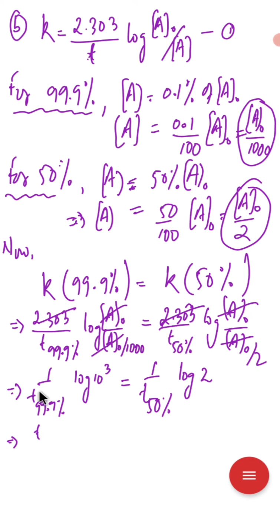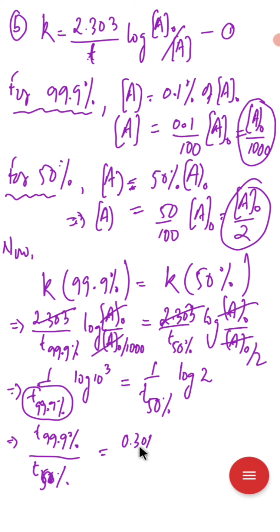Let me bring this t 99.9% here, so that it goes up. t 99.9% divided by t 50%, and here log 2 is 0.301, and this must be divided by log 10 to the power 3, and log 10 to the power 3 is 3 into log 10, and we know that log 10 is 1. So 0.3, this is approximately 0.3 divided by 3.